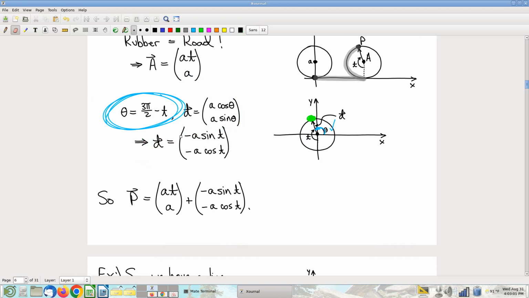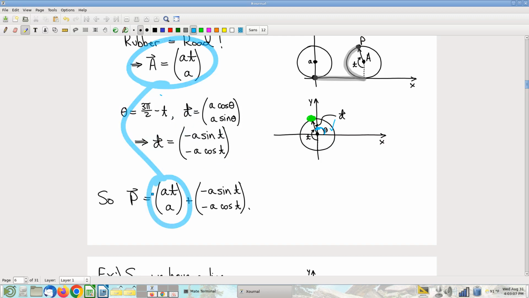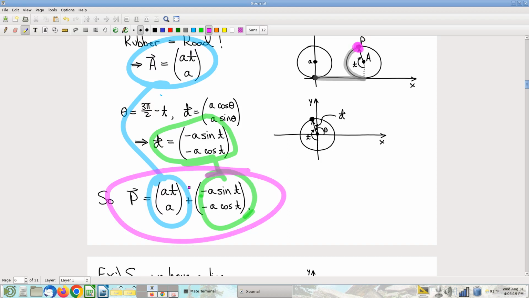We had this formula for A. We now have this formula for D. And we've previously agreed that the location of the reflector is A plus D. So, boom. Parameterized.